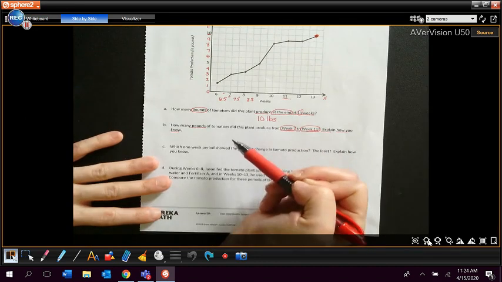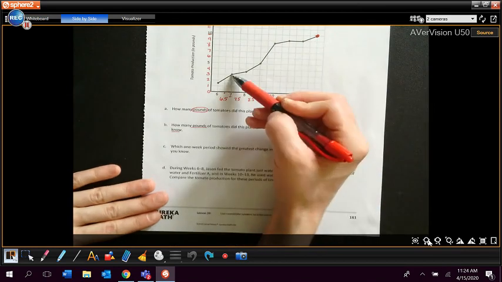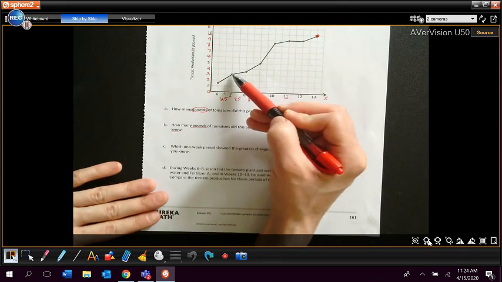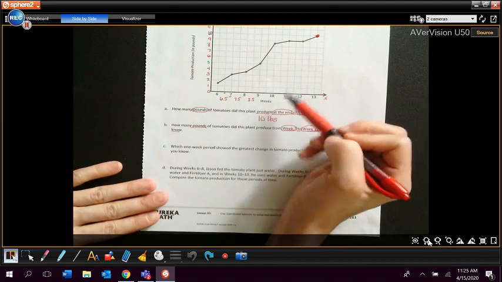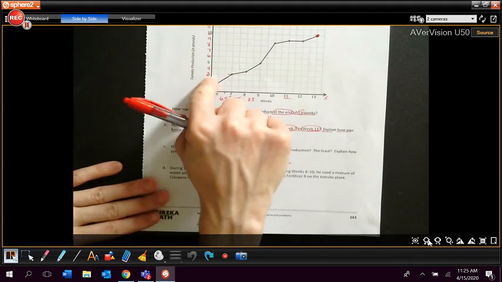Now this is asking how many pounds did the plant produce between that time? Think about that. It's between, from 7. So in other words, instead of starting here, it's like we're starting from here all the way to 11.